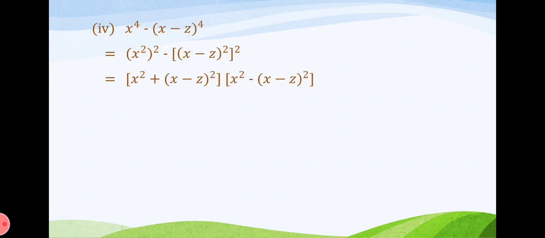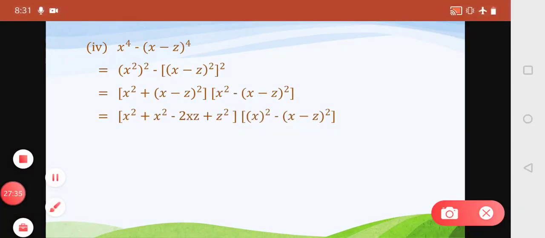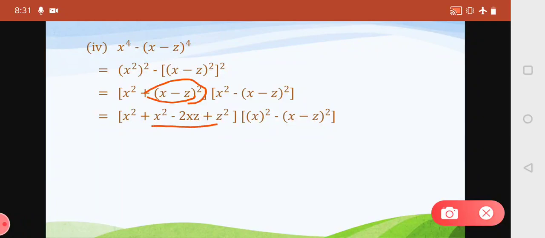So we will get x². Now this bracket, when we open using identity number 2, we will get x² − 2xz + z². This is the expansion of (x − z)². So we will write x² + x² − 2xz + z². Again for the second bracket we apply the third identity a second time, that is (x)² − (x − z)².